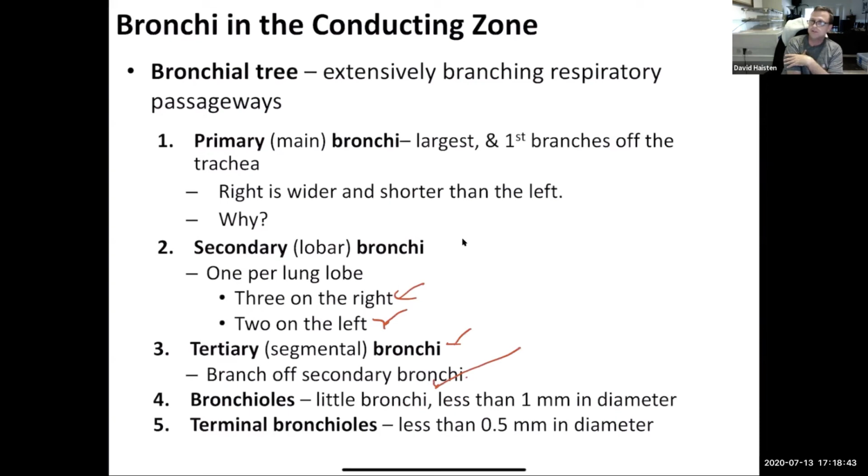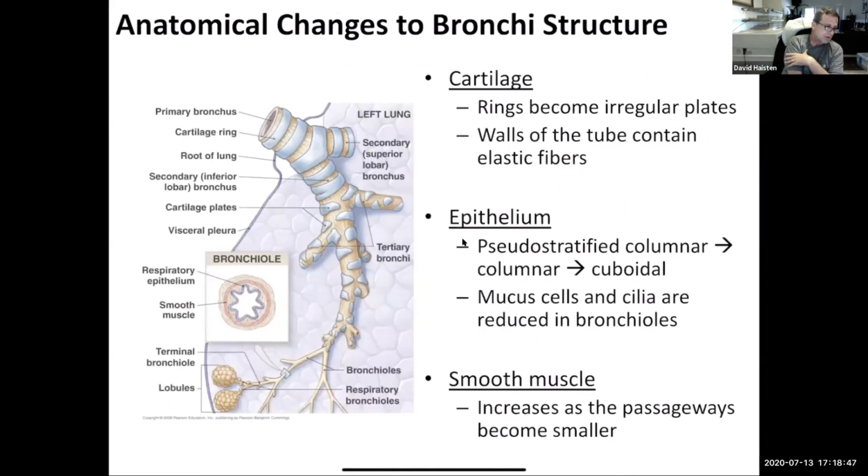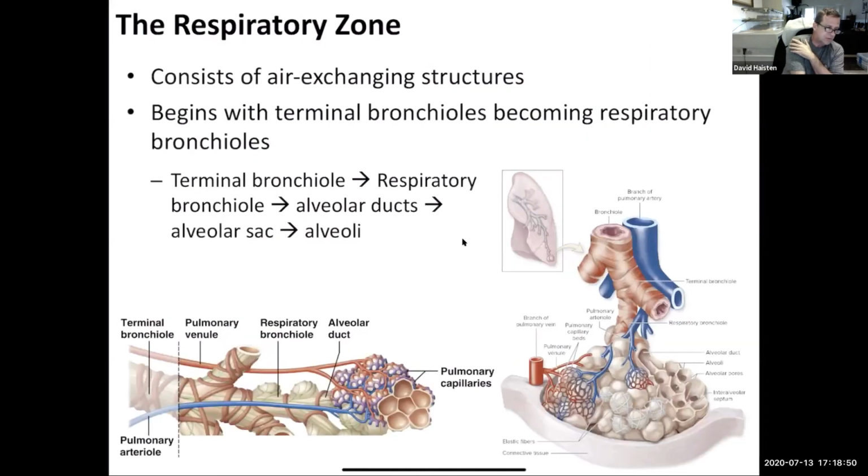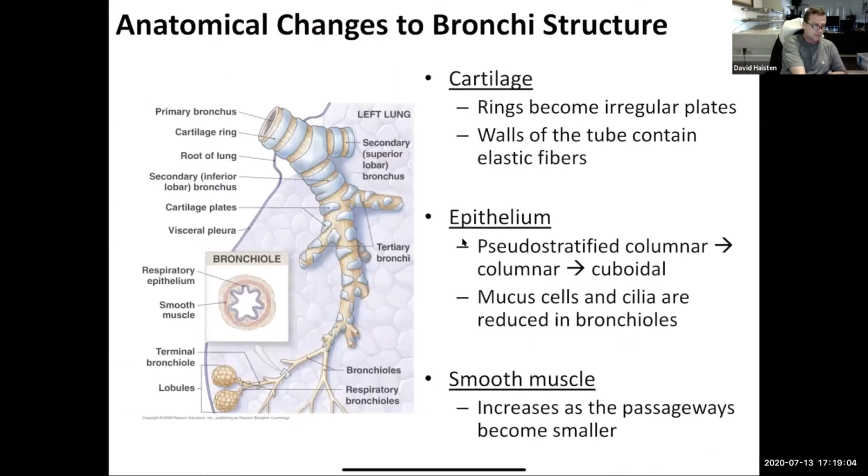Terminal bronchioles, even smaller. Then we're going to go into respiratory bronchioles, alveolar ducts, alveolar sacs, and finally alveoli. So we're going to have a change in cartilage as we move through the respiratory passageways.